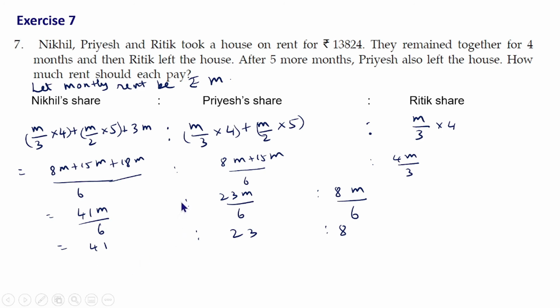Therefore, the amount Nikhil has to pay as rent is 41 by 41 plus 23 plus 8, which is 72, into the total rent 13,824.